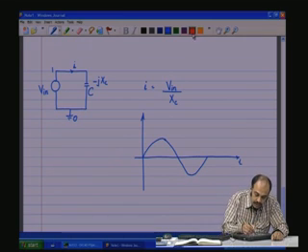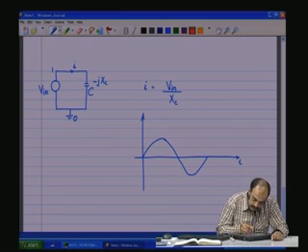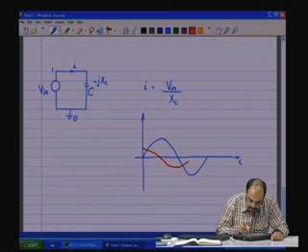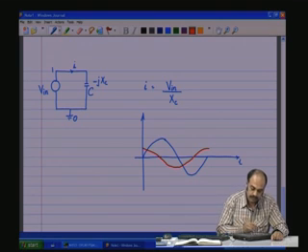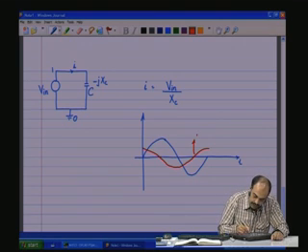When the voltage was at 0, the current was already at its peak, and then it became 0 when the voltage was at its peak. So, it goes like that. Like this. So, this is your I, this is your V in.